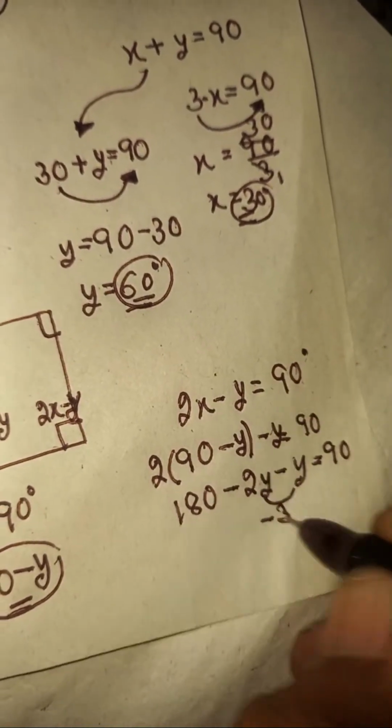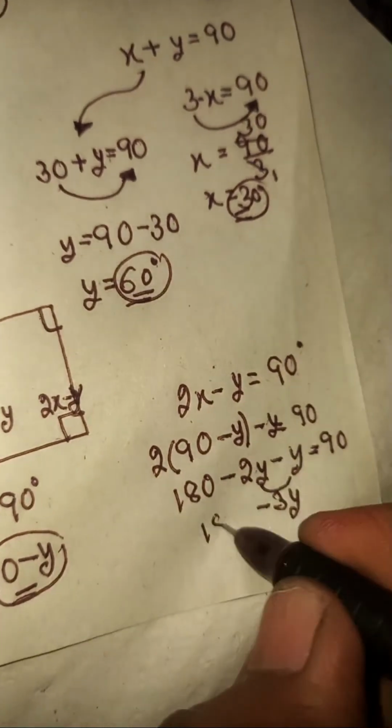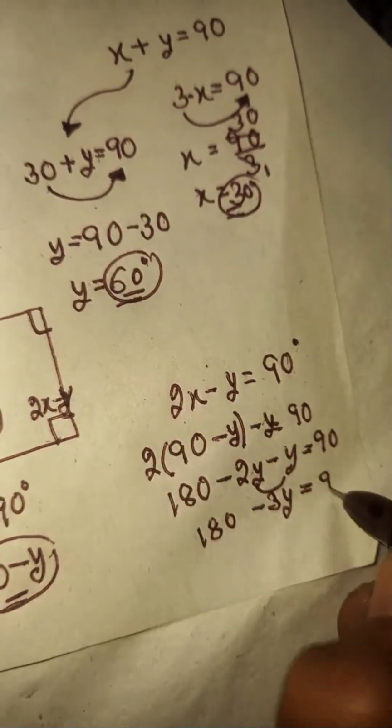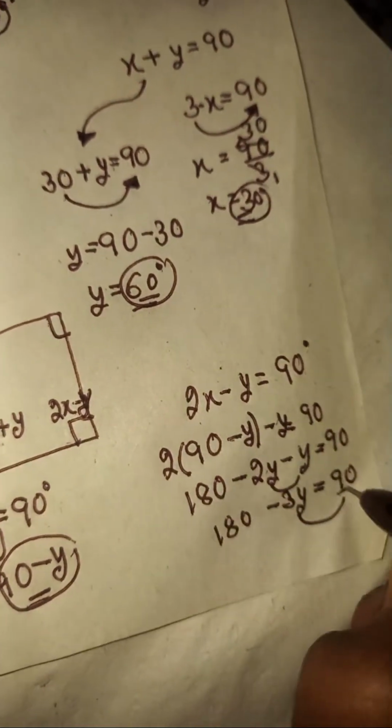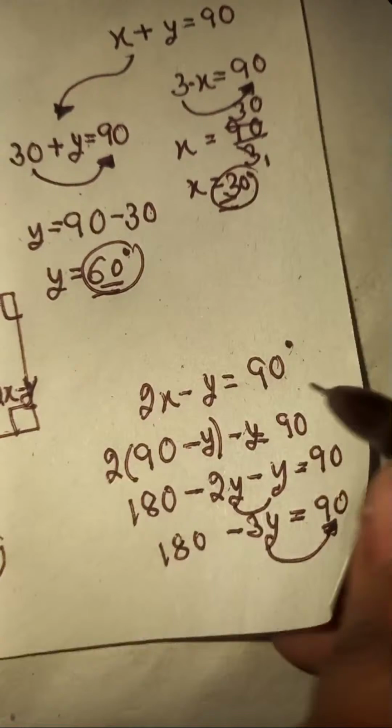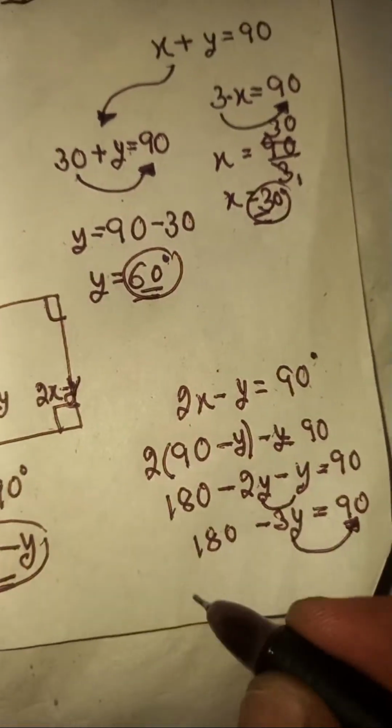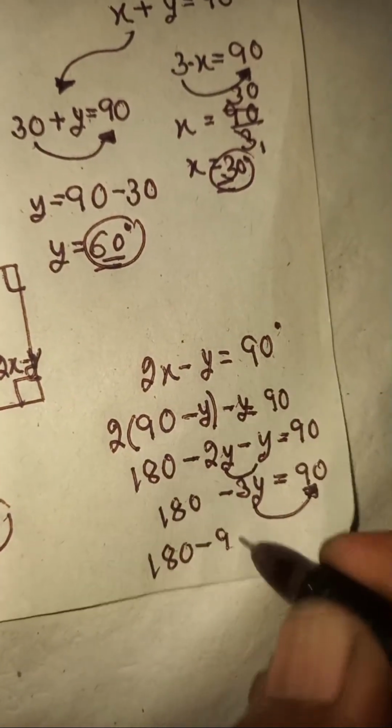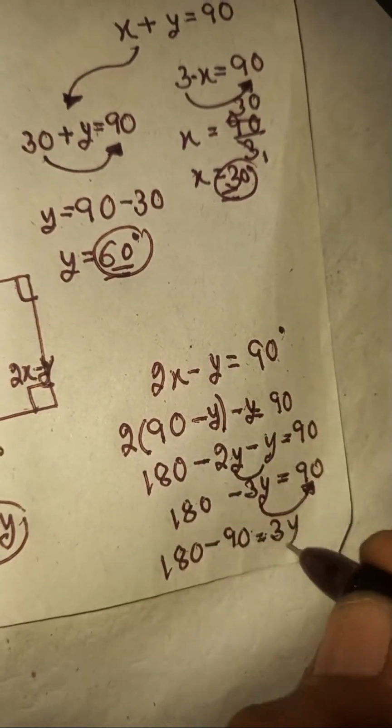Minus 2y minus y is minus 3y, and 180 equal to 90 degrees. 3y goes to that side and becomes plus 3y, and 90 comes here and becomes minus 90. That is 180 minus 90 is 3y.